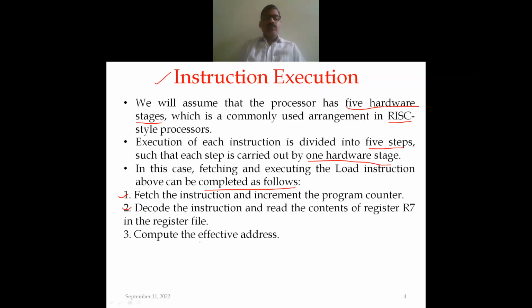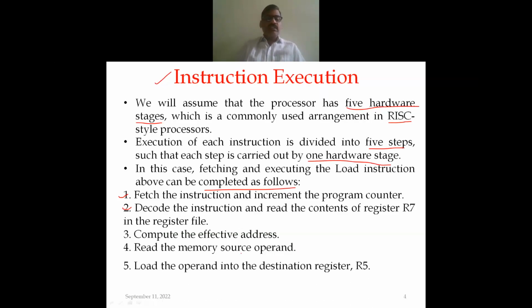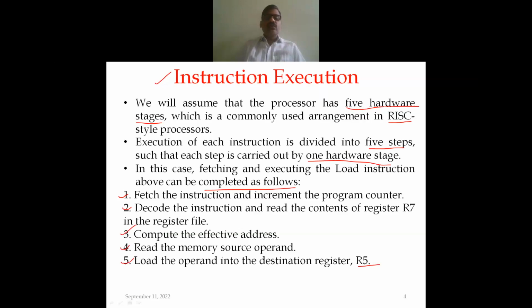Third, we compute the effective address. Fourth, read the memory source operands; if the operands are memory operands, we have to read their values from memory. Fifth, load the operand into the destination register R5. These are the 5 important stages used in executing this instruction.